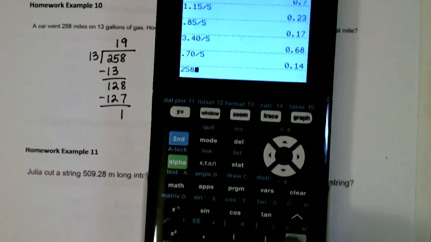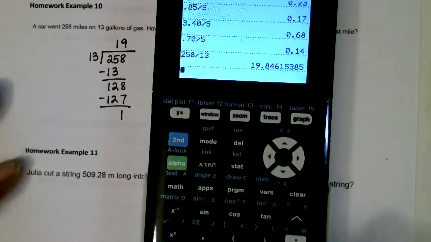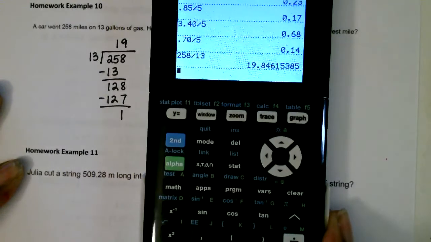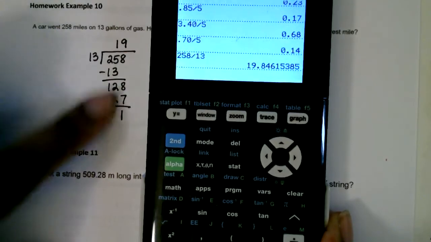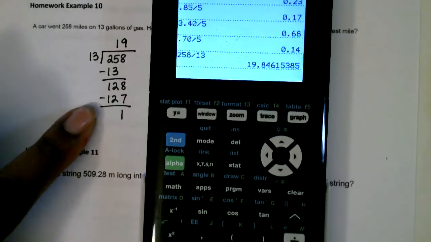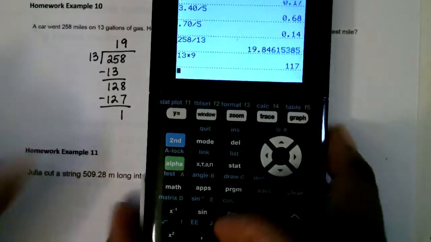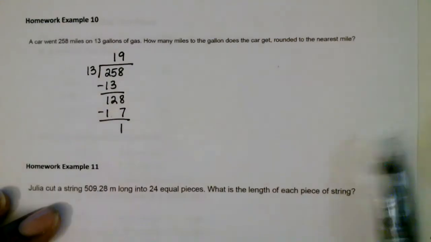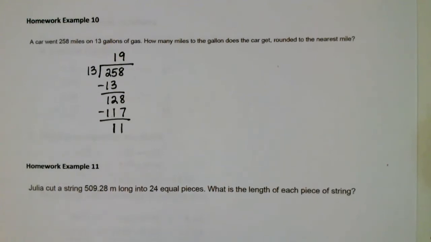Now, of course, we can verify that using the calculator. 258 divided by 13. Actually, it's 20. Now, mine are messed up here because that's 12. Bring down the 8. 13 times 9. Actually, it's 117. That would give us 11.